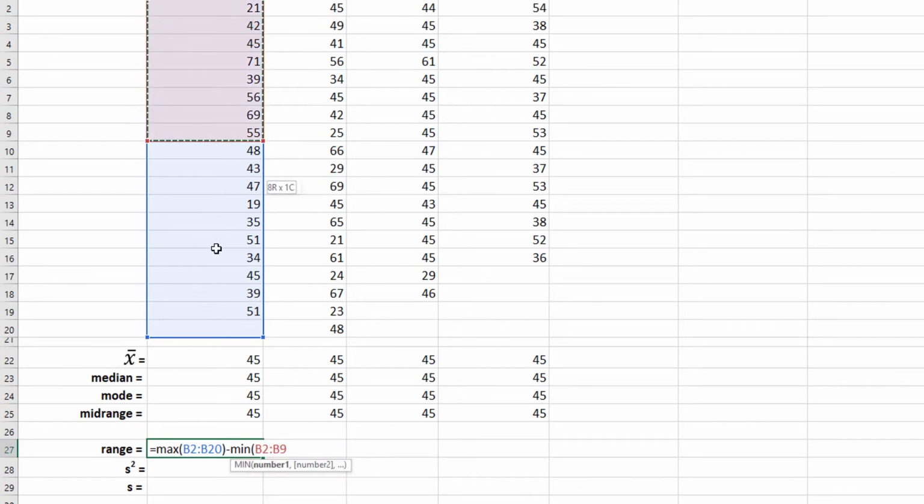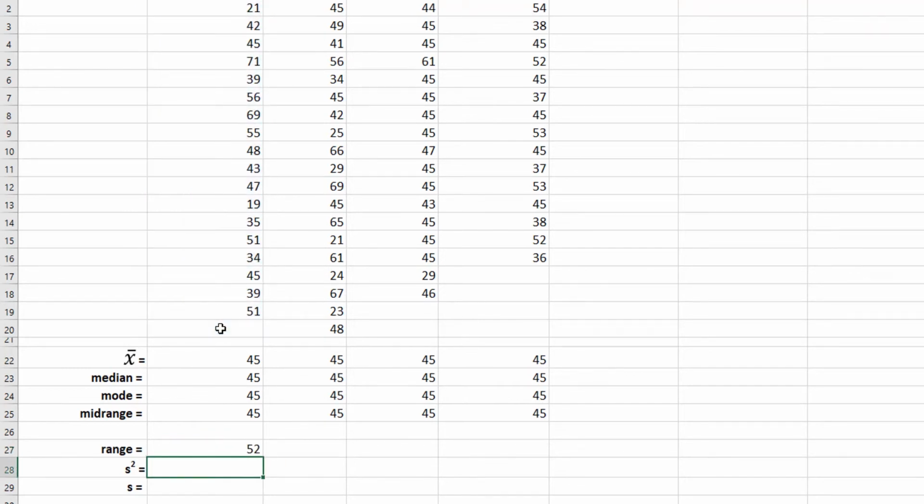Grab the first one, go down past the last one, close parenthesis, press enter. Now, that has a mean of 45, median 45, mode 45, mid-range 45, and a range of 52. That's a pretty big range considering that the mean is only 45.